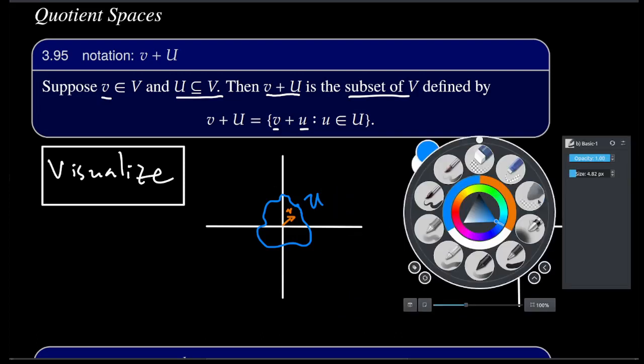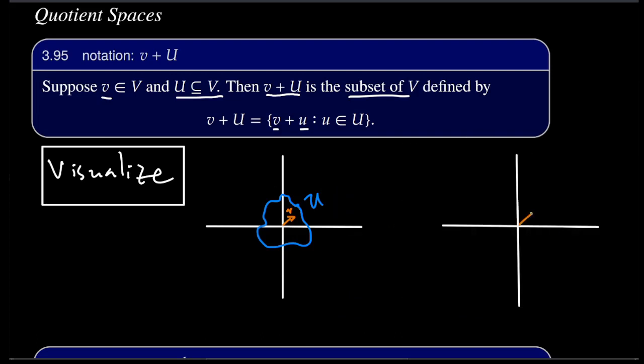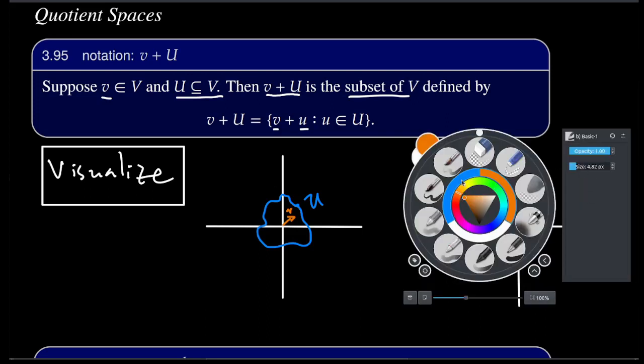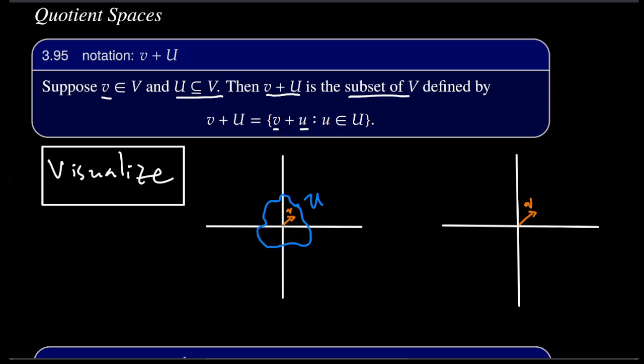So I will redraw my little v over here. Now imagine basically taking this U here and dragging it over. I should have chosen a shape that was less squiggly, but essentially the idea is this is terrible redraw.